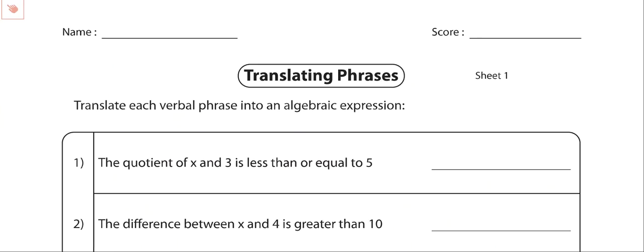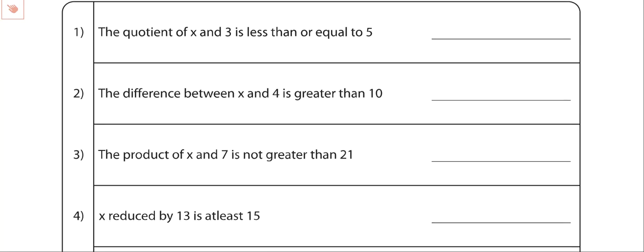When we start looking at our phrases, there's some difficult ones. So quotient, we've decided, is another way of saying division. So the quotient of x and 3 has to be less than or equal to 5. So we put the double line like that.